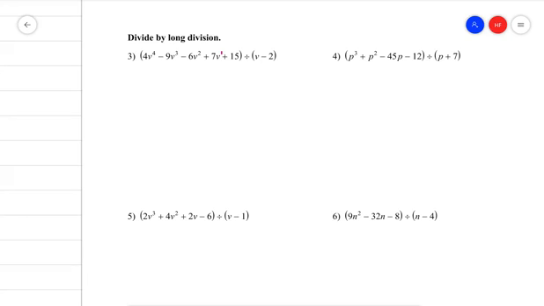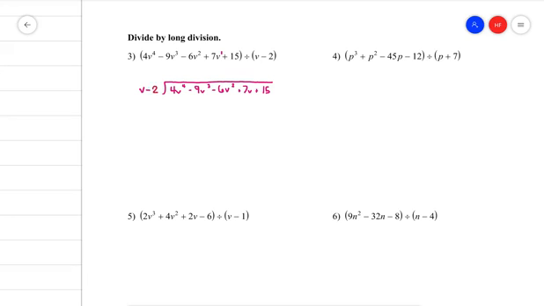So they're all there. So I'm going to rewrite this. And we're dividing by v minus 2.